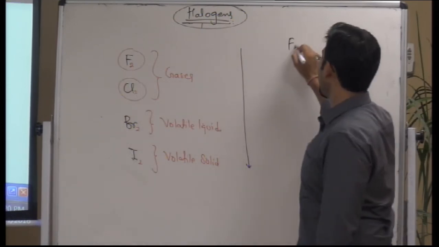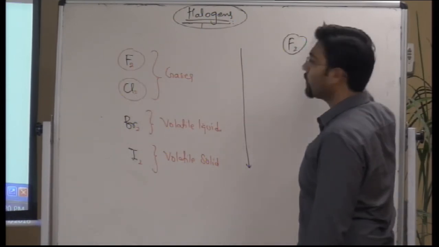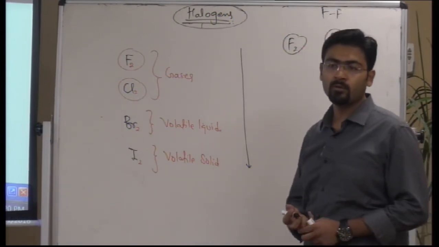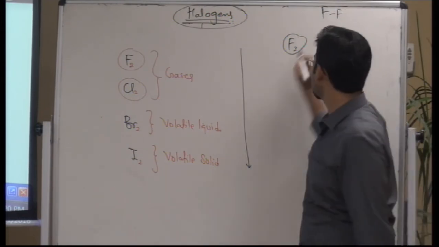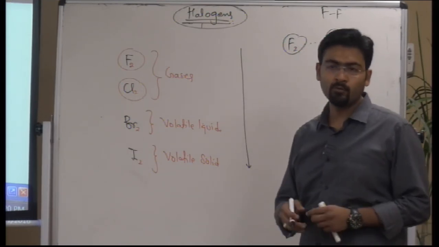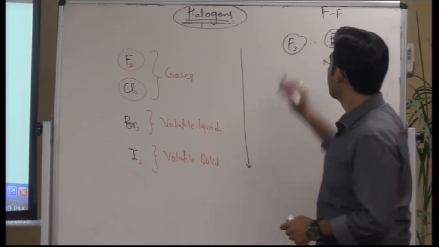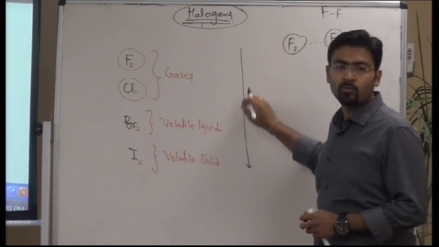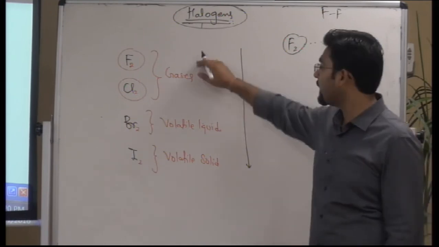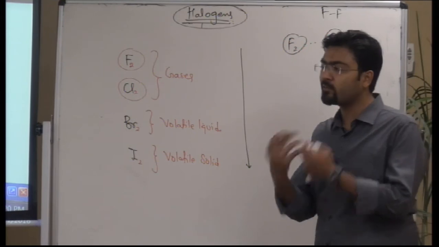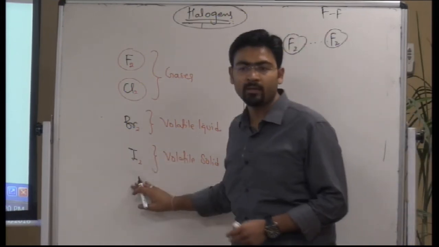So if you have F2 molecule and F2 molecule, what kind of molecule is this F2? Is it a polar molecule or a non-polar molecule? Non-polar. So what kind of force you'll observe between the two? Dispersion forces or London forces, which depend upon the molecular weight. So as molecular weight increases, the intermolecular force of attraction between them increases, and thereby we see the change in their densities and then change in their physical states specifically, which is happening here.